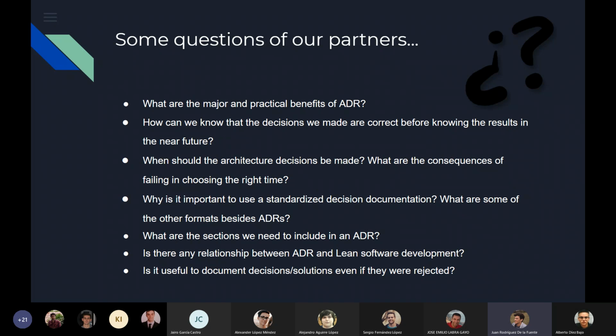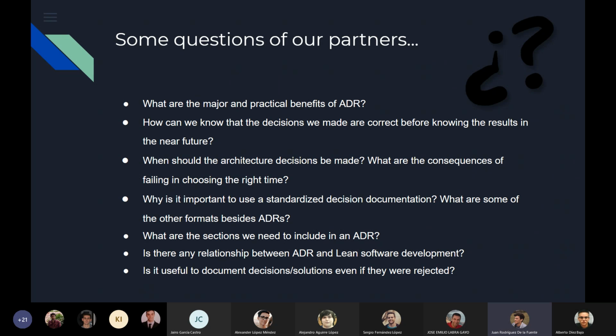And as we explained before, these principles fit very well with the process to decide and writing an ADR. For example, eliminate waste can be compared with the short description nature of the ADRs, or decide as late as possible can be related with making the decision on time with ADRs.